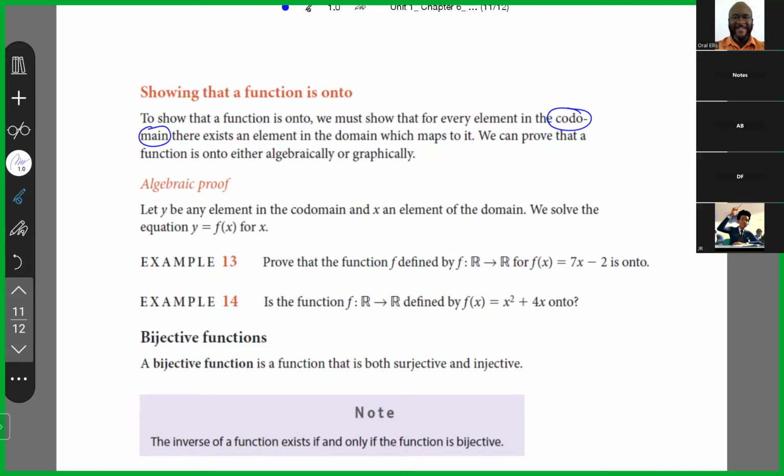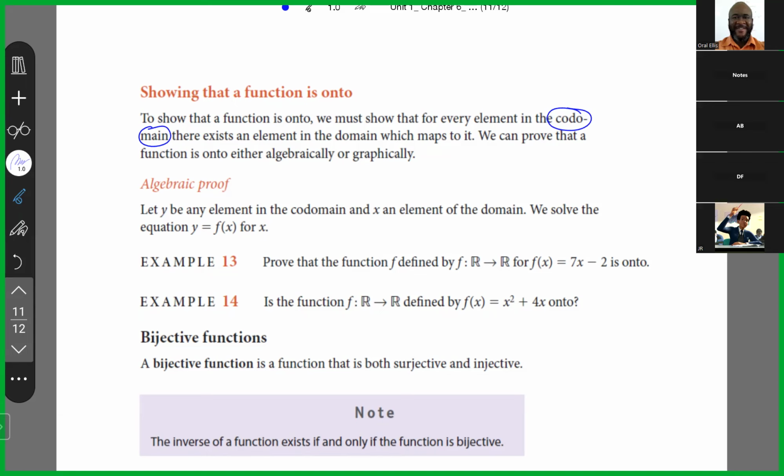Our objective is to show that for every element Y in the codomain, there exists an element X in the domain that is mapped to it.